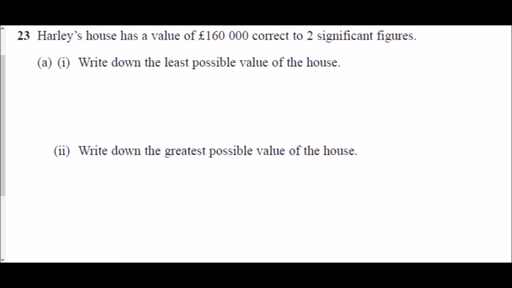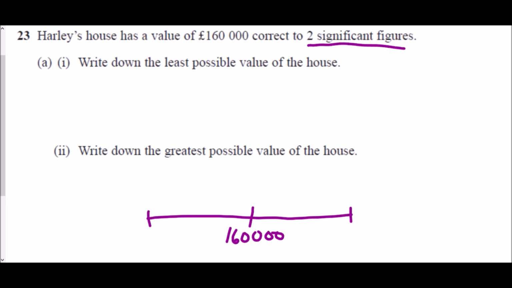So we're still going to begin though with our number line. And we know that it's rounded to 160,000. So that is going to be the central point. It's two significant figures, so that means it's been rounded here at the 10,000 value, and so the 10,000 less will be 150,000 and 10,000 more will be 170,000.